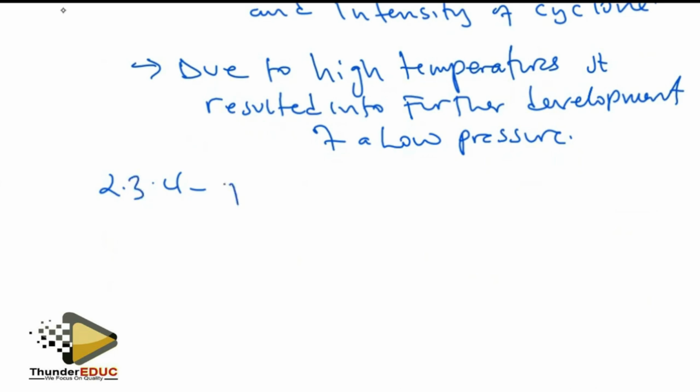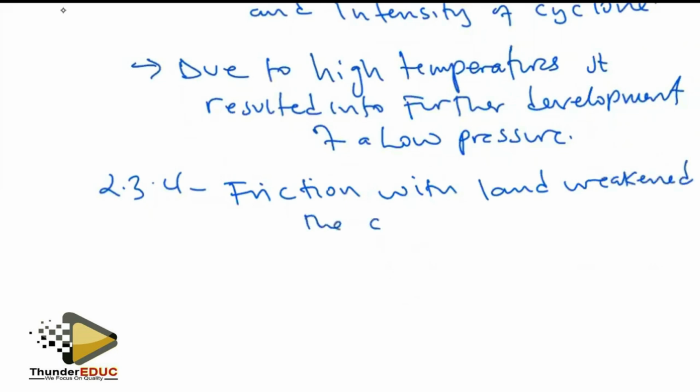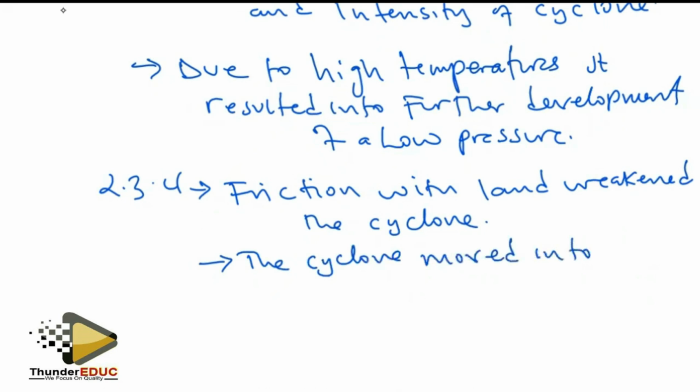So I could say friction with the land weakened the cyclone, as well say the cyclone moved into cooler areas, because we know that cyclones love warm conditions.